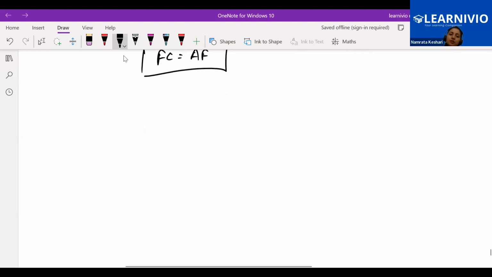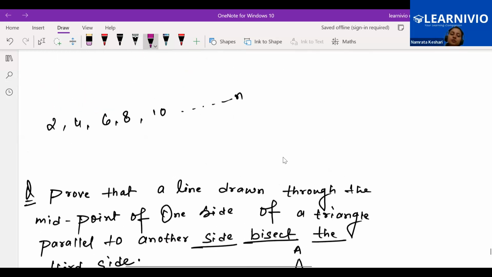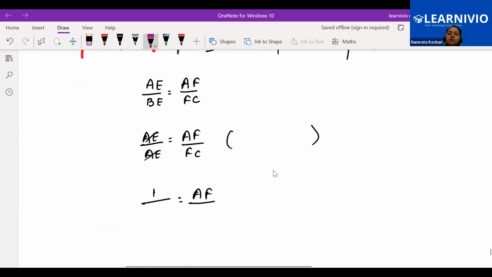In your chapter, it is also written along with the question that use theorem 6.1. What is theorem 6.1? Basic proportionality theorem. So we have used that.